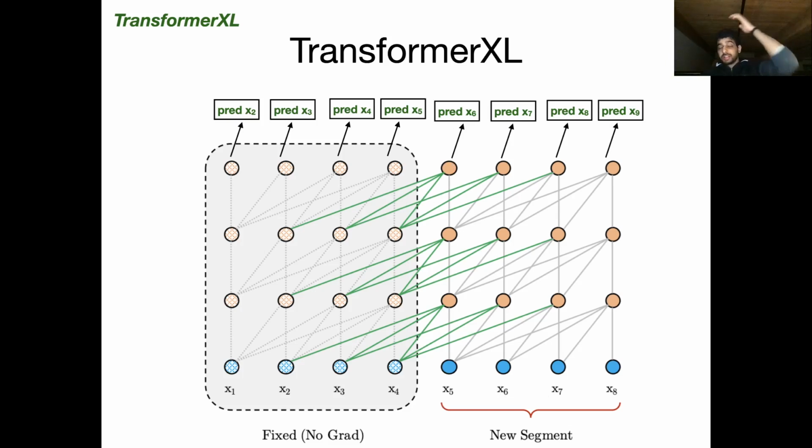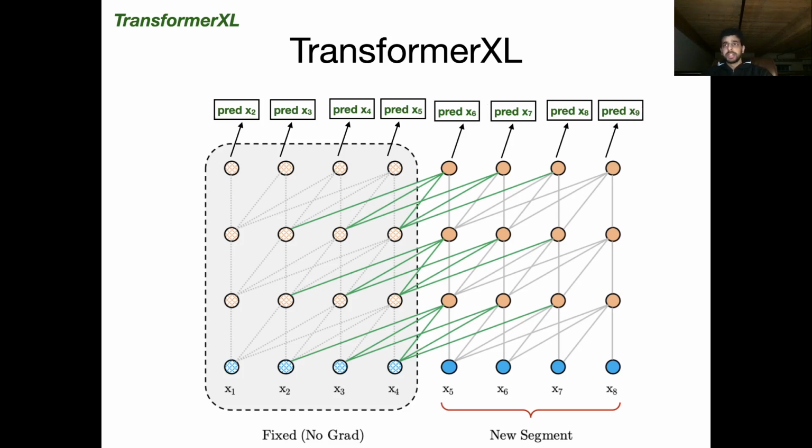Theoretically, you could imagine that if I connect all adjacent segments together, then my prediction at, say, x sub 9 will be fully contextualized, and it will be aware of the entire sequence. But practically, this isn't true. This mechanism actually does have a specific limit on the number of context tokens that, say, x sub 9 can condition on when you're predicting x sub 9.